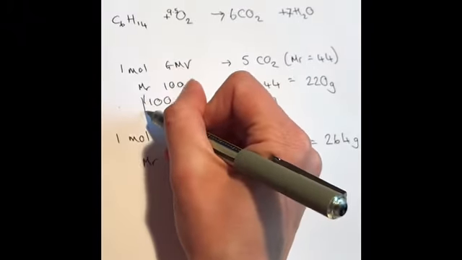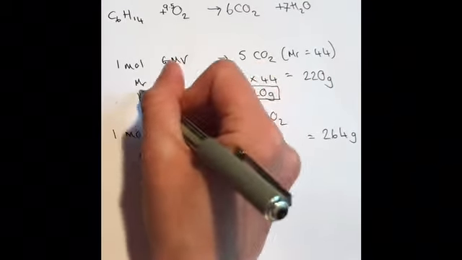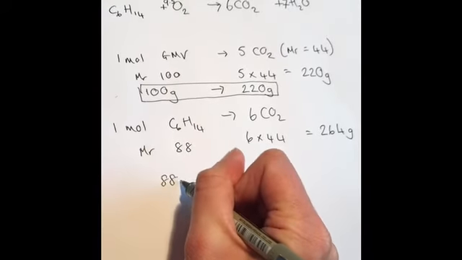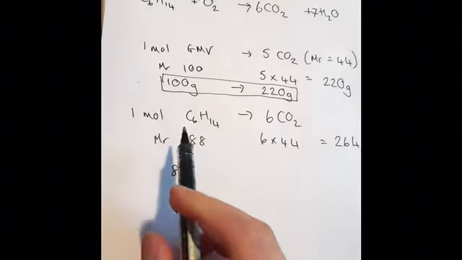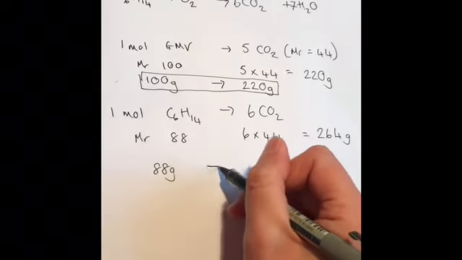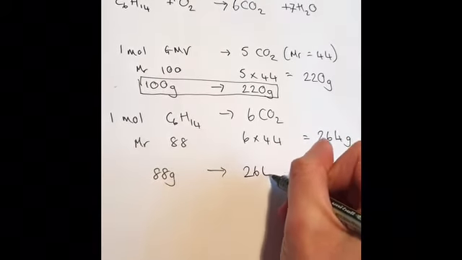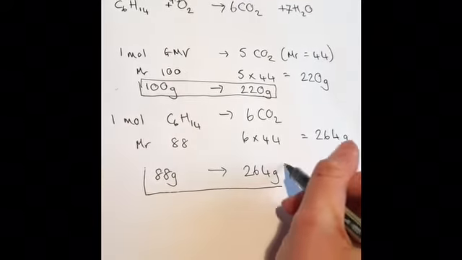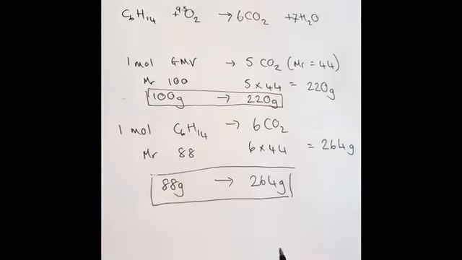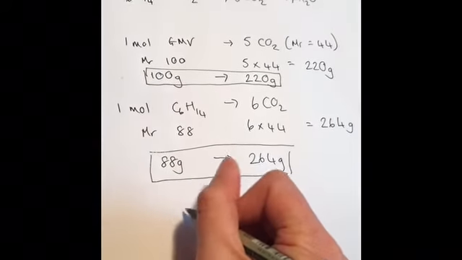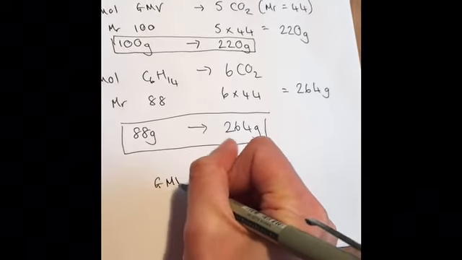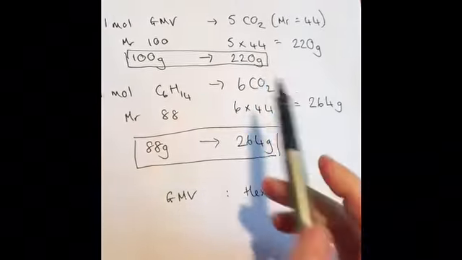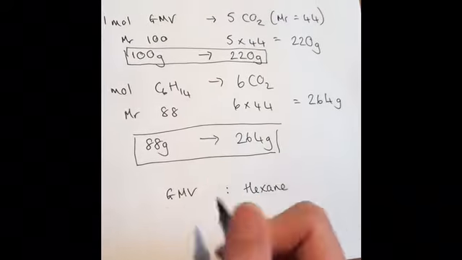So we're getting up to the ratio bit. And 1 mole of hexane would have a mass of 86 grams. That's just using moles and Mr. And that would give us a mass of 264 grams of carbon dioxide. All right, so then what you've just got to do is do the ratio. So we're doing, I'll put this down the bottom, GMV to hexane. All right, so we get 220 grams from 100 grams of GMV.